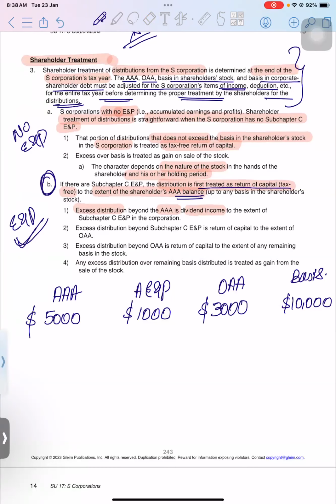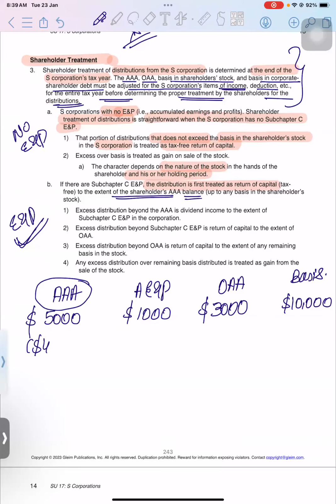Now, if it is a subchapter C ENP, the distribution is first treated as a return of capital. Let's assume the distribution is 4,000, to the extent of the shareholder's AAA. Can I say 4,000 is within this balance?